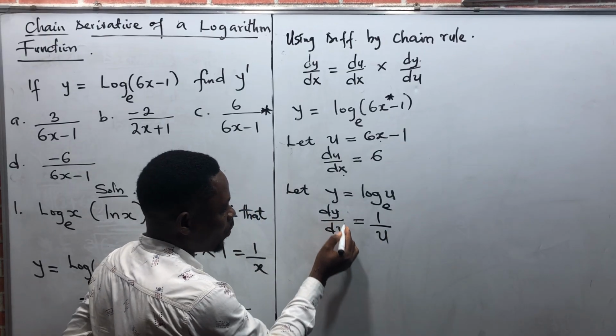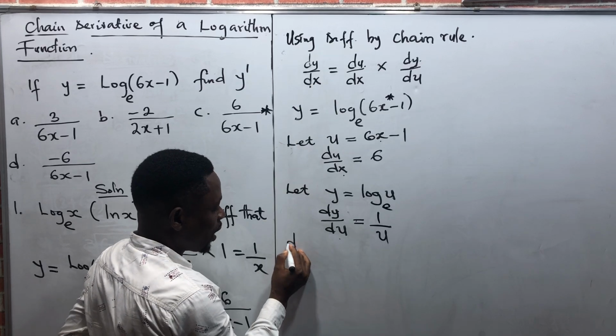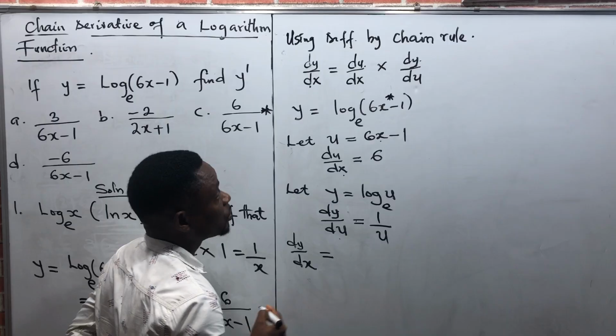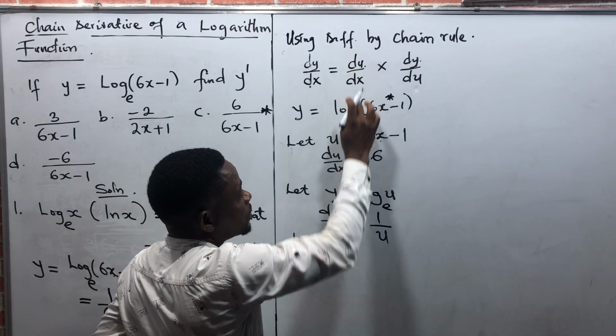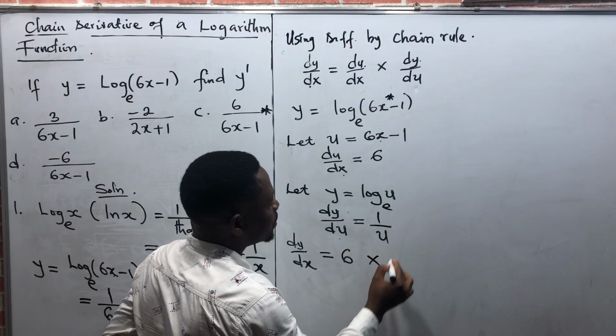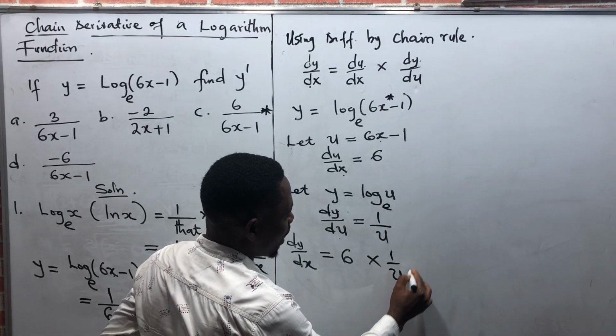Having identified du/dx and dy/du, let's go to the formula and substitute. So I will now have dy/dx equal to du/dx, which is 6, times dy/du, which is 1 over u.